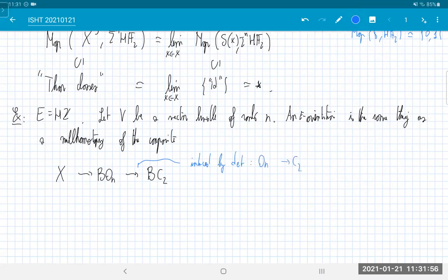So I never use the formula for the determinant. What I'm going to use, in fact, is the projection on the pi naught of ON. But this is the determinant map.